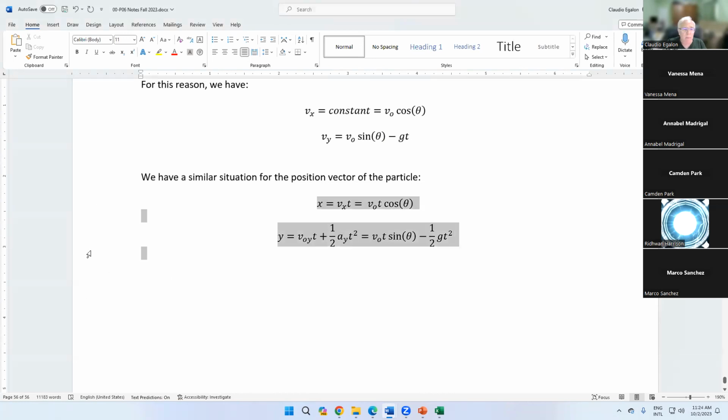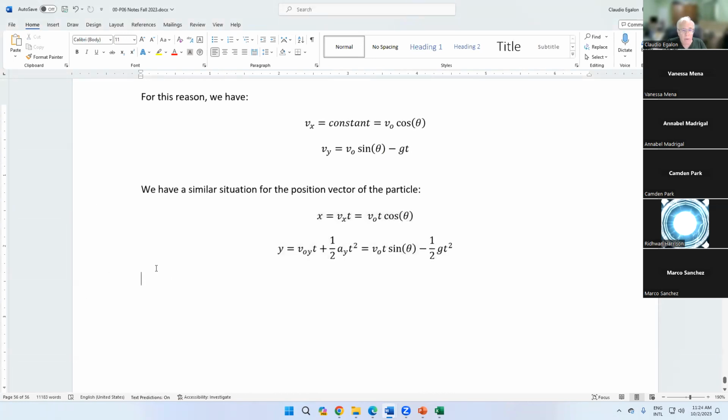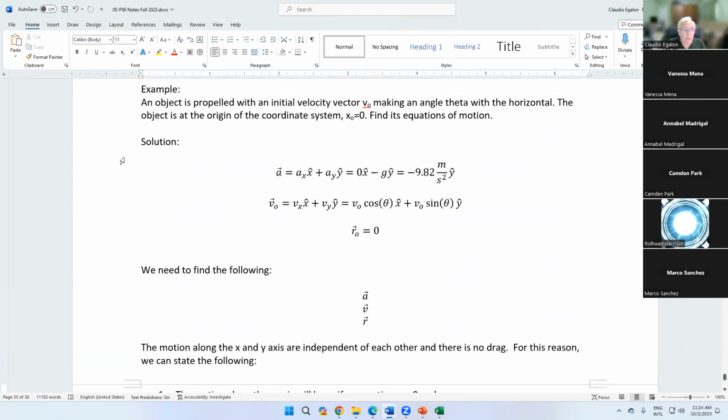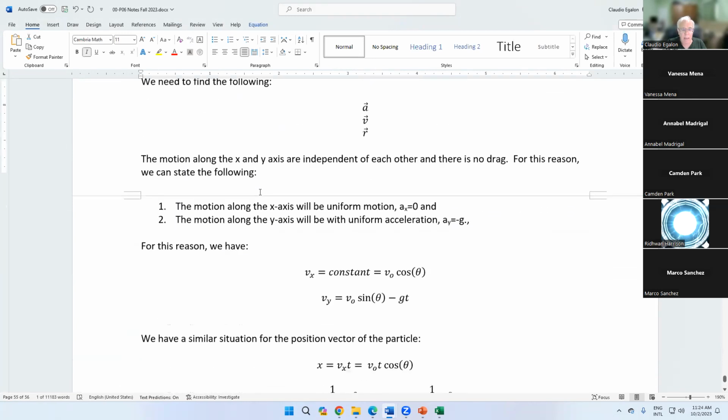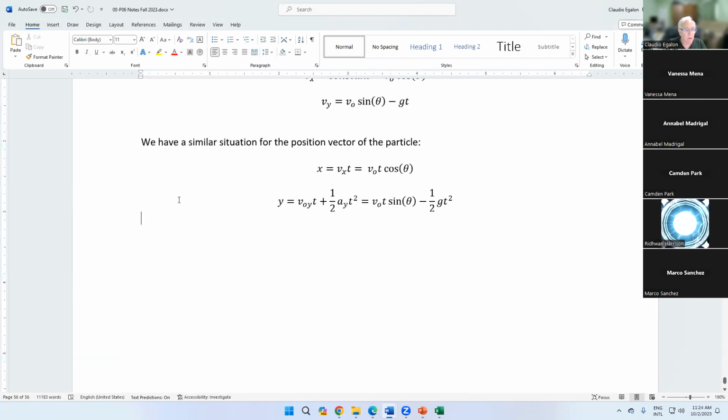So let me spell them out and put them in order. Summarizing, a is equal to that. Even better, if I want to put it in a more generic sense, I put minus g.